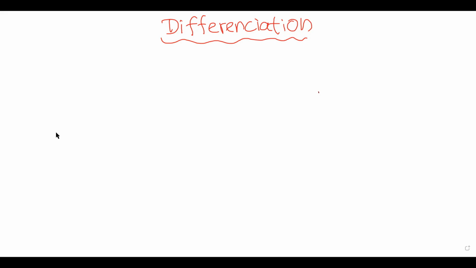We took some derivatives. If I take y equals e^x, what is the differentiation, or the derivative of this one? The derivative of y is dy/dx. What is the meaning of this?